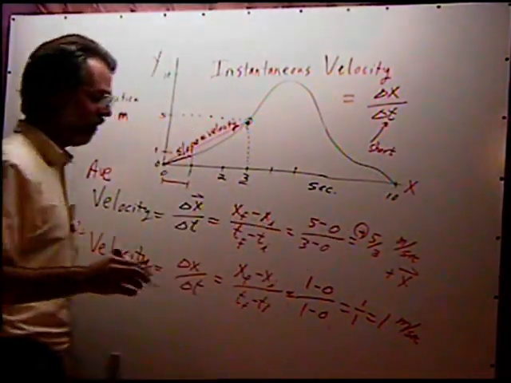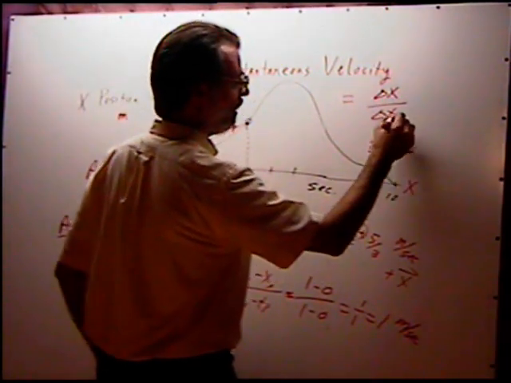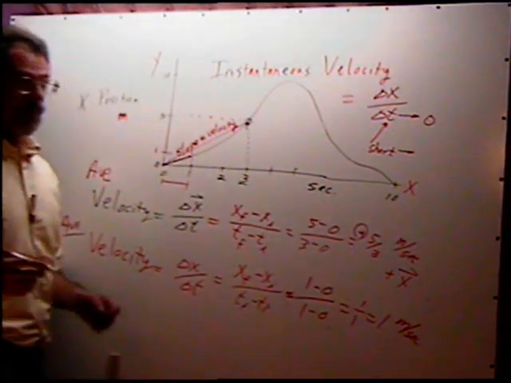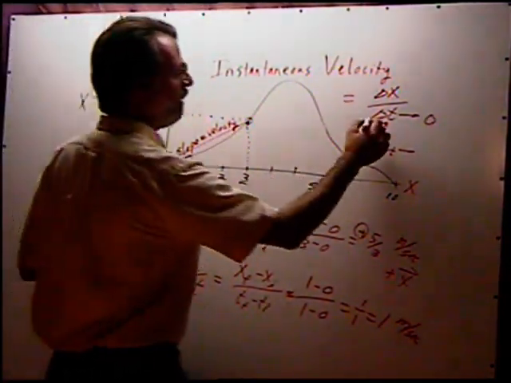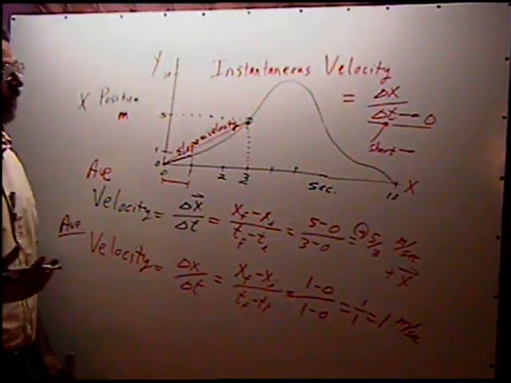In fact, we're going to make it infinitely short. We're going to allow this delta t to essentially approach 0. We can't have it be exactly 0 because then we'd be dividing by 0, but we can have the delta t interval get as close to 0 as we really want to.